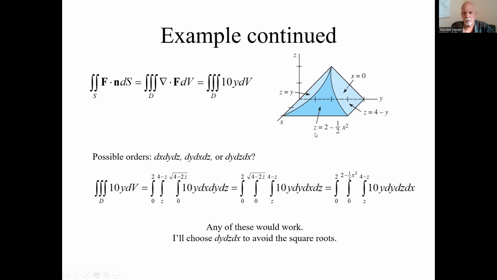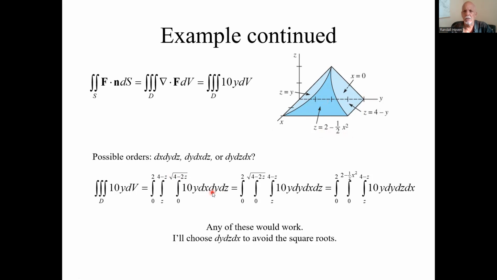We do x first. X goes from the back side, which is 0, to the front surface, which is this. We have to solve this for x, which will be the square root of 4 minus z. Fortunately, it's all positive, so we don't need to worry about plus and minus on the square root.